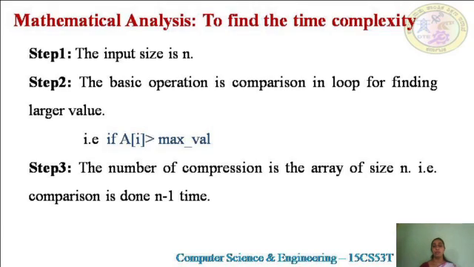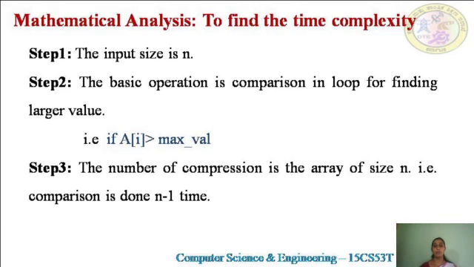So, this is given by the statement if A of i greater than max_value in the algorithm. In step 3, now we count the number of times the basic operation is executed.